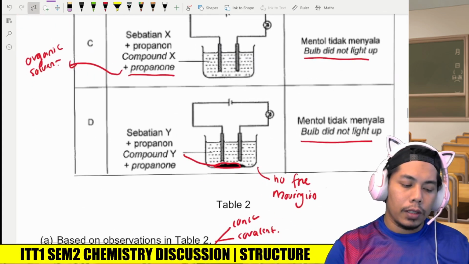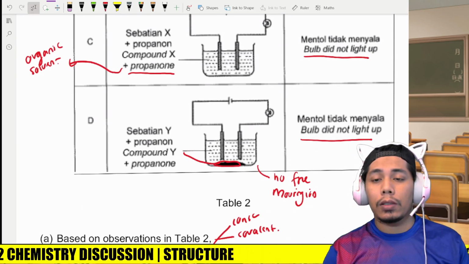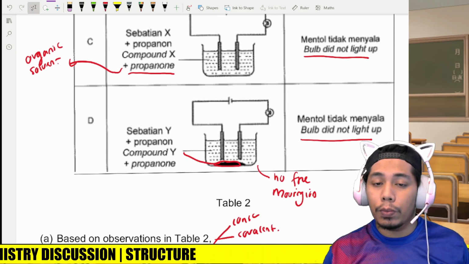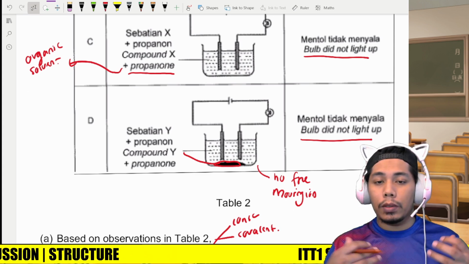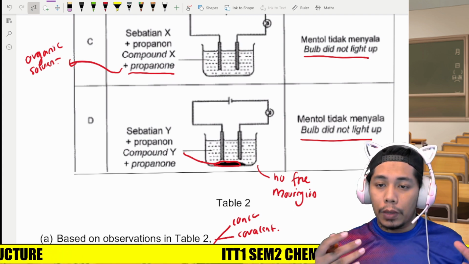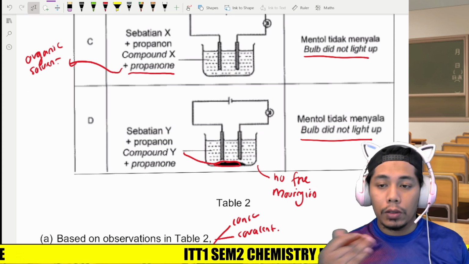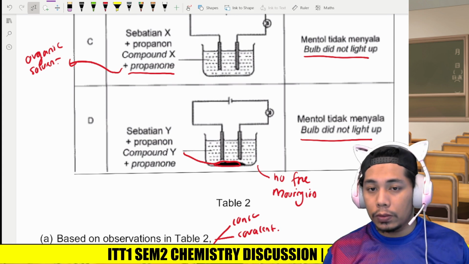And we have compound Y, which is ionic, but still cannot carry electricity because propanone is an organic solvent. Recall the properties of ionic compounds in solid state: it only dissolves in water, otherwise it cannot dissolve.